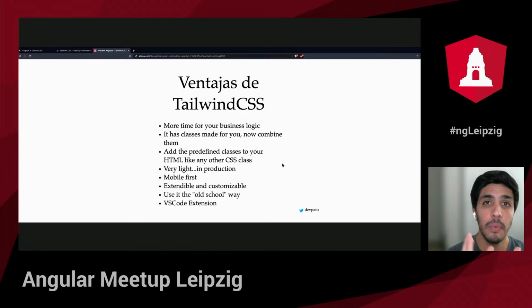Tailwind starts from mobile screens, and from there it goes to desktops, right? You don't have to do the media queries. They already have that for you. All you have to do is add some CSS classes to your HTML. So no worries about any kind of media queries that you have to implement.